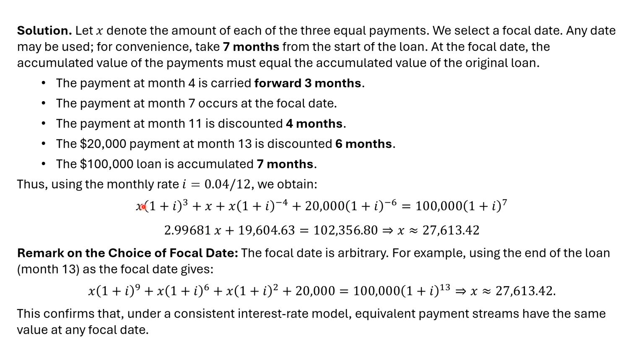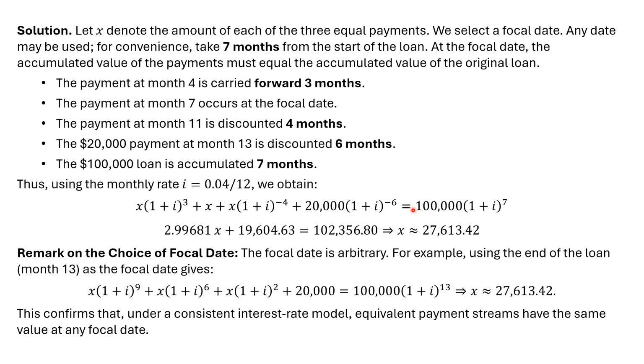So we need to plug in i here, here, and here, and then add these together first. And we get 2.99681 times X from these 3 terms. Then this term here, we know the exact value because we know what the payment is. It's this number here.